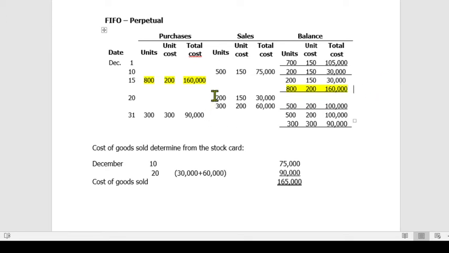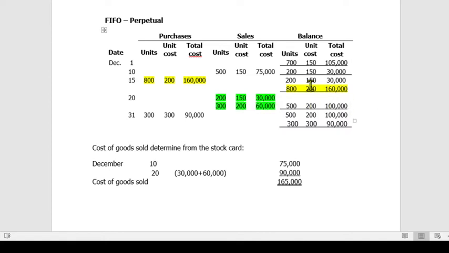So nung nagbenta ka naman ngayon on December 20 ng 500 units, since first in first out method ka and using the perpetual inventory system which uses stock cards, mapapansin mo na yung 500 kasi ang sales on December 20, 200 ay galing doon sa old inventories. 300 ay galing doon sa binili on December 15.